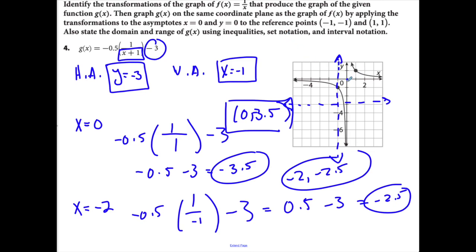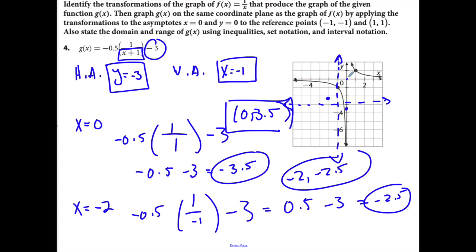First, I get 0, negative 3.5. And then I'm also going to get, on the other side, negative 2, negative 2.5. Interesting.